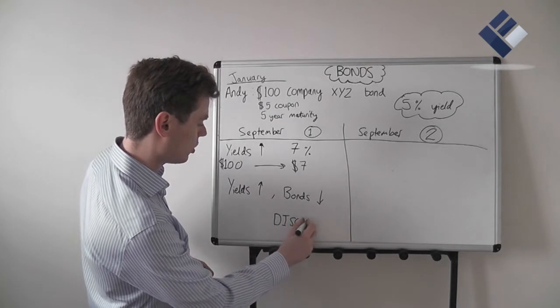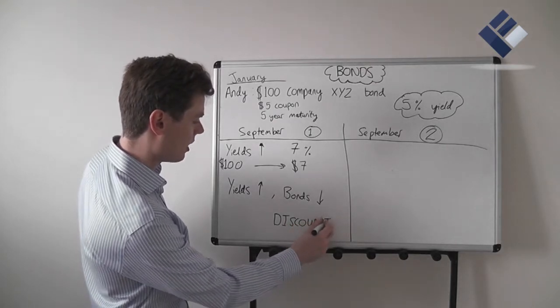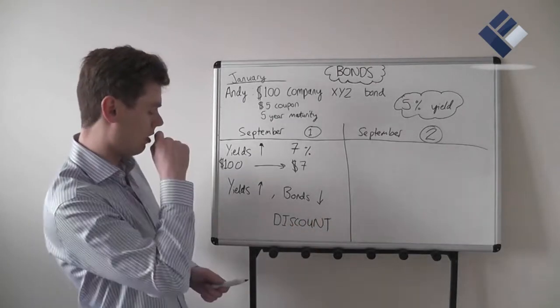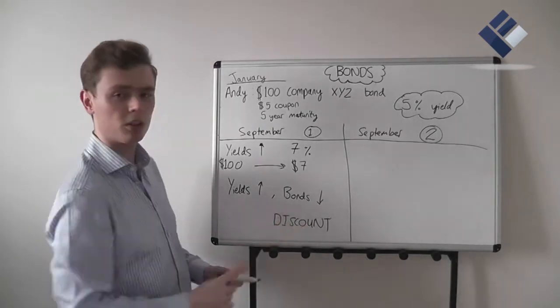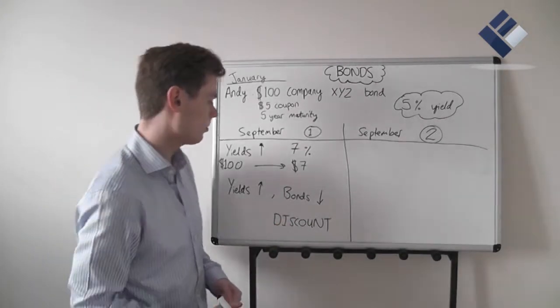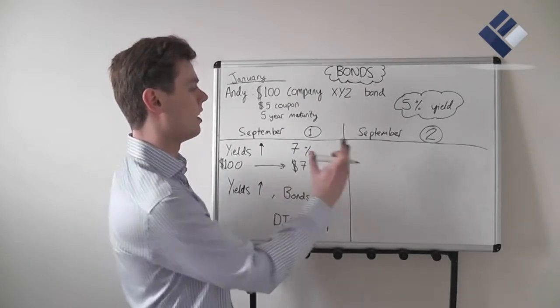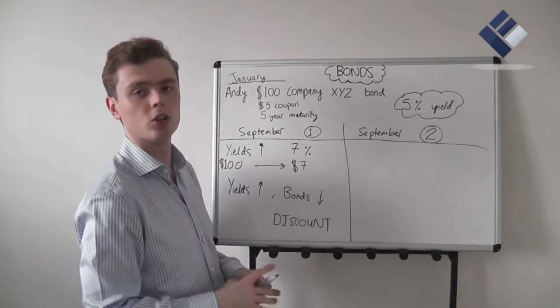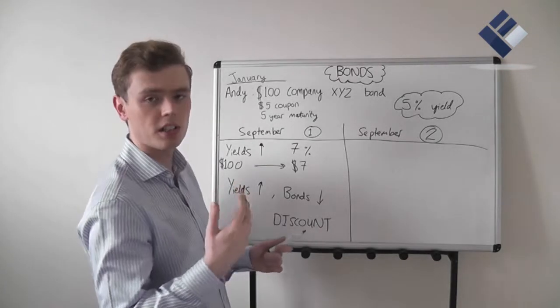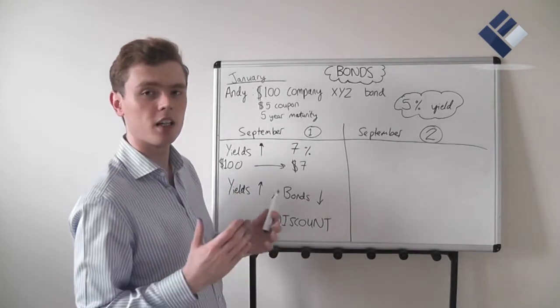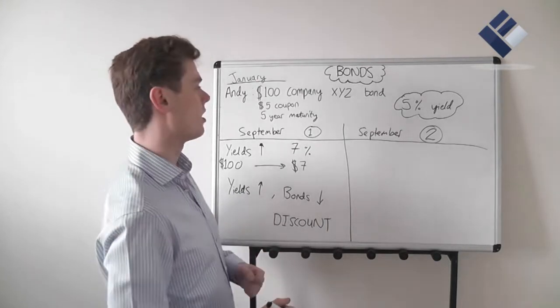So we say that because Andy's bond is trading at a price lower than they initially purchased it for, his bond is trading at a discount. Now let's look at the opposite side of things. Let's say in September the earnings report shows record profits. Company XYZ is thriving, is expected to be very cash rich in future years.